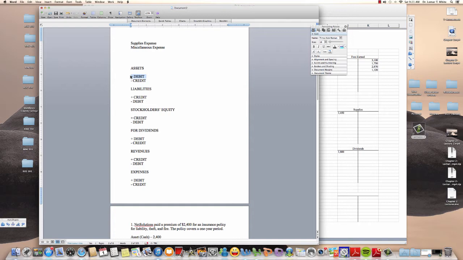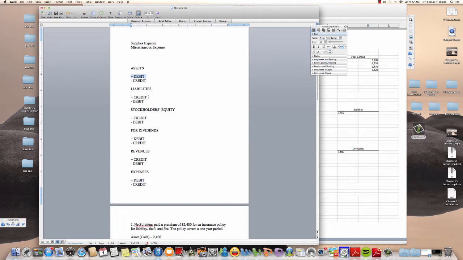That means we would expect that after all of our transactions have been posted to the ledger, a number is going to remain on the left side or the debit side of all of my asset accounts. Now, it doesn't always happen, and you'll see shortly, and I'll explain why, but normally we would expect to see a debit balance, a remaining number on the left side of the asset account.